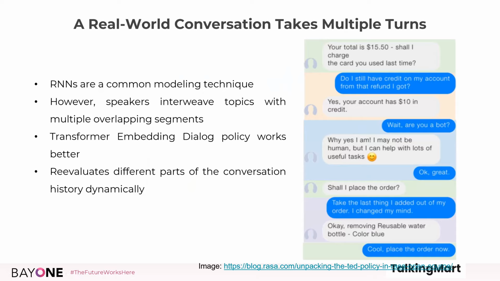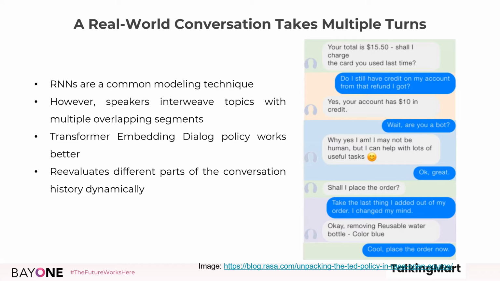As a human, you are adept enough to know and hold that previous thing in your head. The thing with the RNN is that because of the importance that the RNN gives to the most recent utterance, it can completely change the dialogue flow itself. So we have an enhancement on top of RNN, which is this transformer embedding dialogue policies.